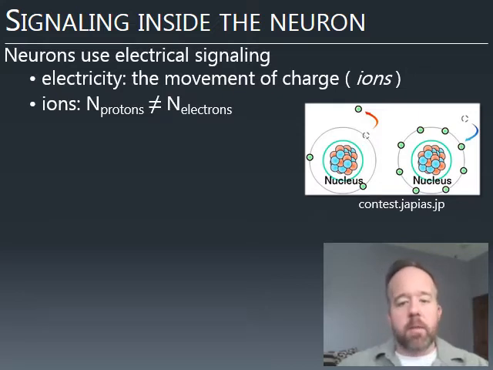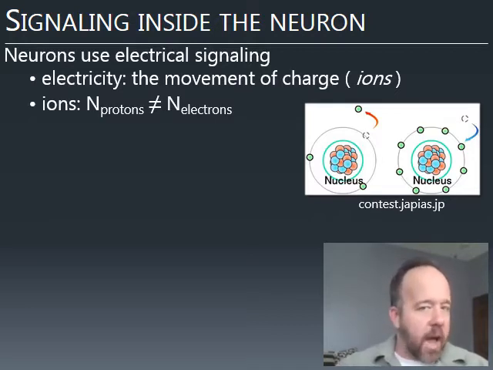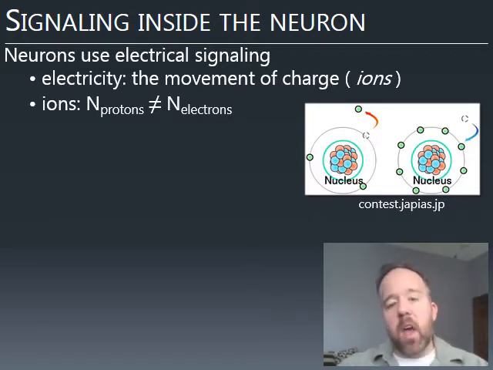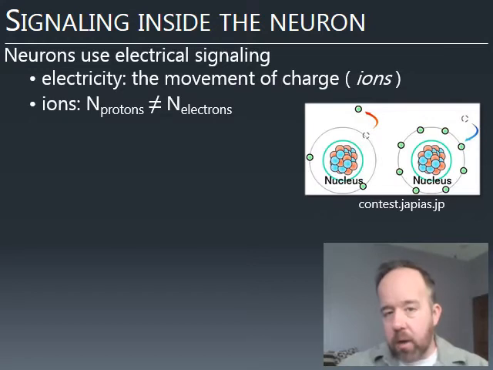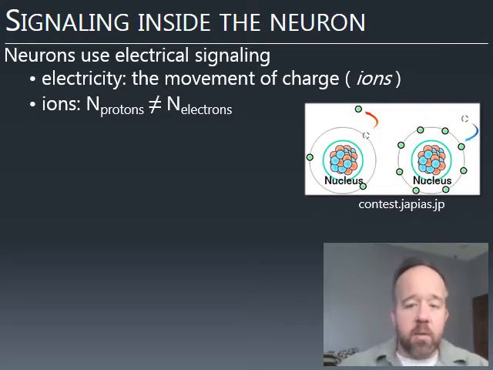And if the same number of protons is balanced by electrons, then you have a neutral charge. It's not an ion, it's just an atom. However, if the atom gains an electron, it now has more negative charge than positive. If it loses an electron, it has more positive charge than negative. And then it's an ion. It carries an electrical charge. And that's the sort of atom that we care about, and it's the sort of atom that neurons use for their electrical signals.